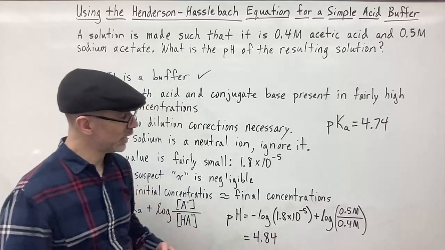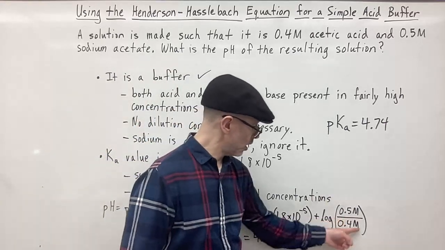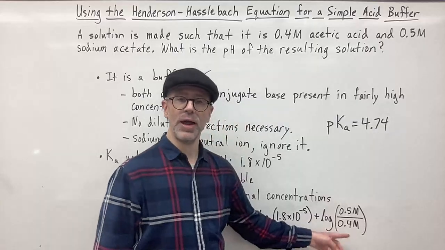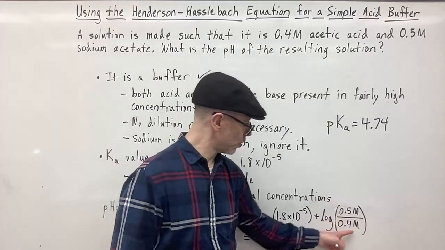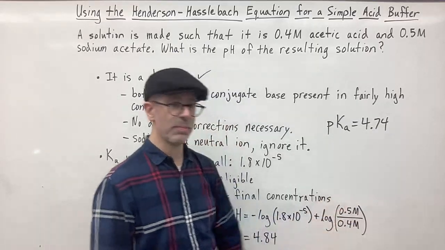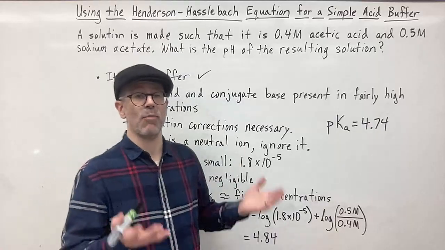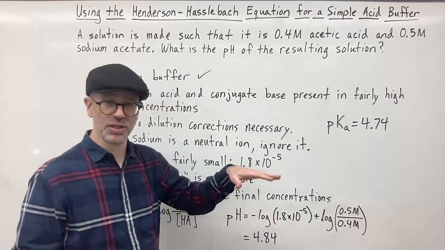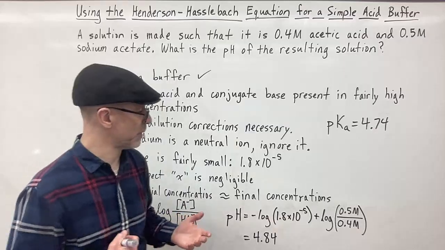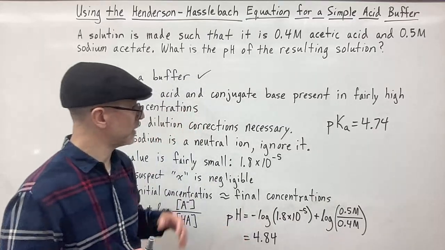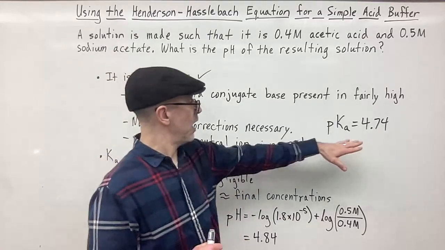If it was flipped, and we had a higher number for the acid and a lower number for the base, then because we have more acid, that would bring down the pH, and you would expect a pH lower than the pKa.